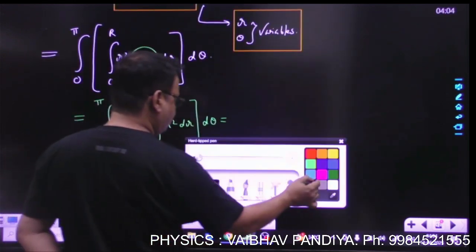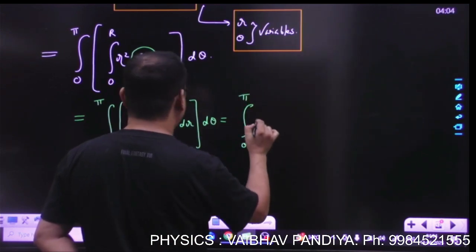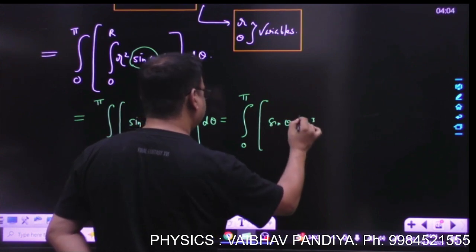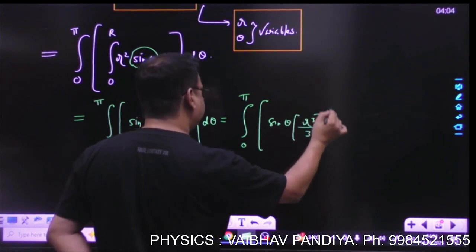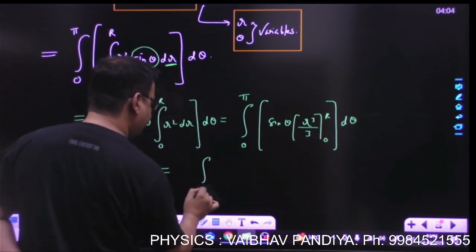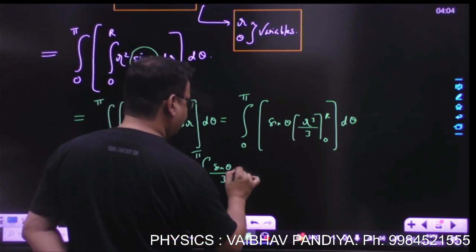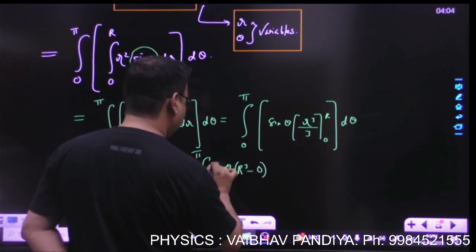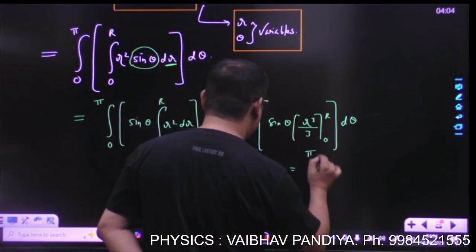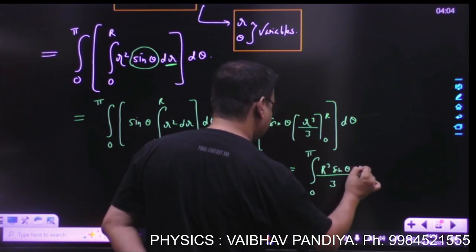What you will have is 0 to pi sine theta, r cube by 3 within the limits 0 to capital R, then d theta. So this will come to be 0 to pi sine theta by 3, 3 is a constant, R cube minus 0, d theta. So I'll get 0 to pi R cube sine theta divided by 3 d theta.